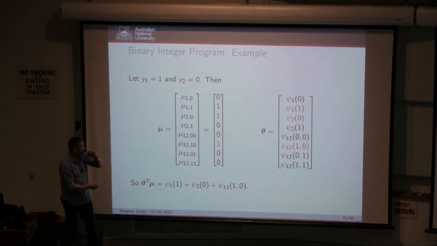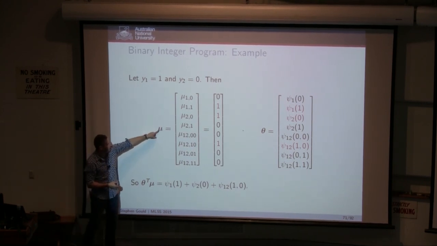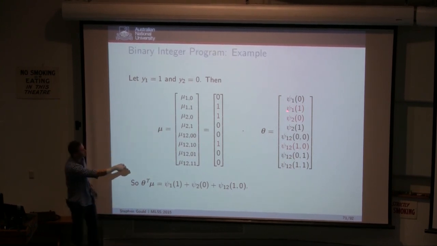Then what I can do is I can say, well, the problem is I've now got a whole lot of these smaller indicator vectors. I want to just write it out in terms of this original indicator vector. So for each of these, I can take the original indicator vector and I can construct a parameter vector which for the first indicators has the parameter values here and 0 for the rest.